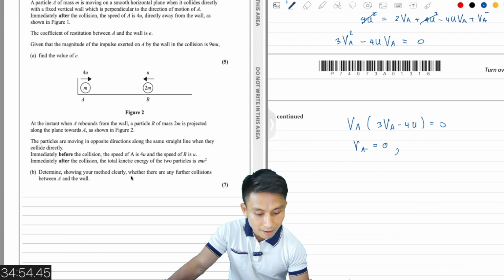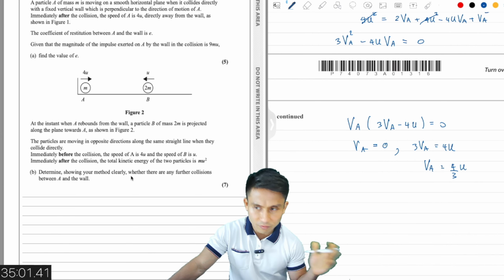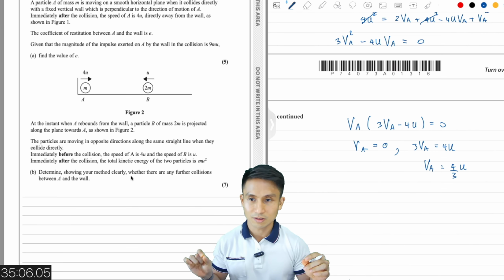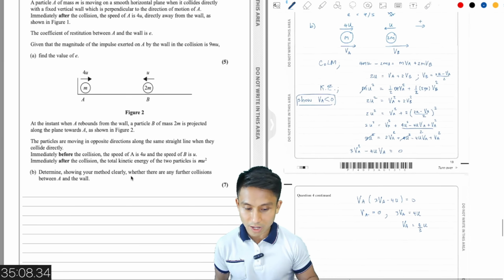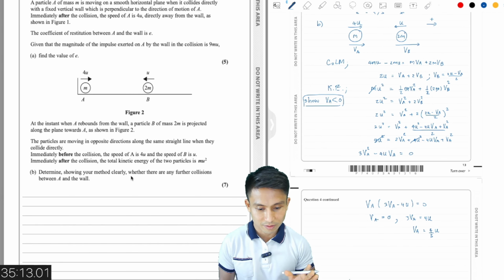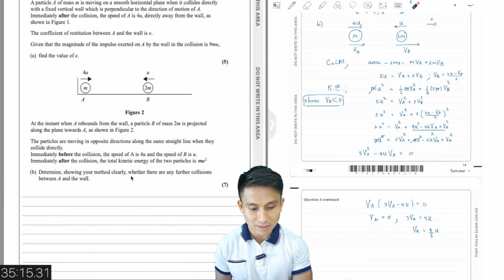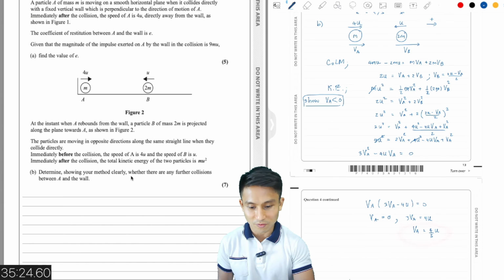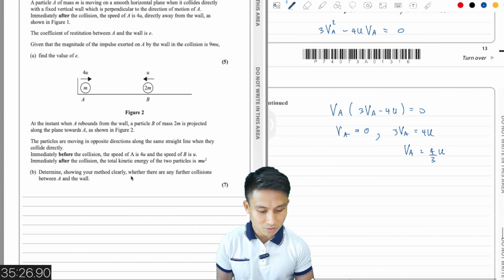So VA equals 0 mathematically, and 3VA equals 4u, so VA equals 4 over 3 u. And this is a positive number, because we don't get it to be a negative number here. U was defined to be positive in the first place, to the right. And this u we consider negative to begin with anyway. So that means this is the positive direction, so this is to the right.